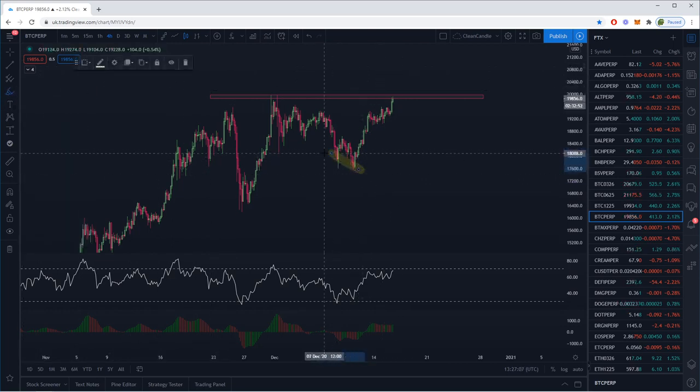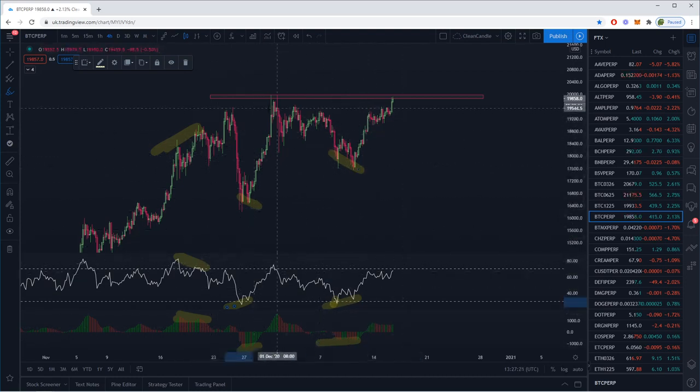So here we've got a div, here we've got a div, here we've got a div. Here, here, here, and here, and here, and here. Okay, so we've got all of our divs here, and we've got double confluence between them.